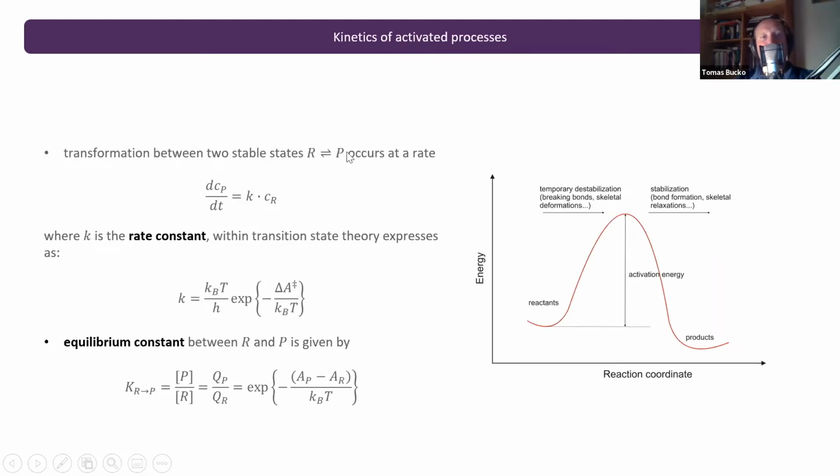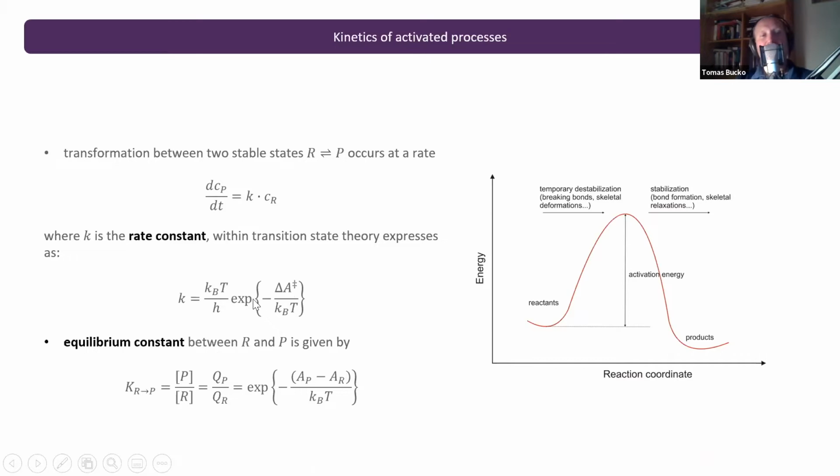Now the rate at which such a reaction occurs is expressed as time change of concentration of product, Cp, and this is proportional to the concentration of reactant, Cr, and the proportionality constant is called rate constant. Within the transition state theory, this can be expressed by the famous Eyring-Polanyi equation.